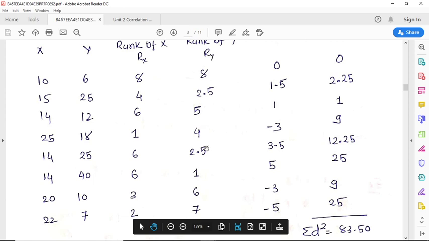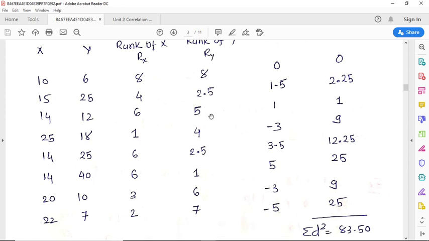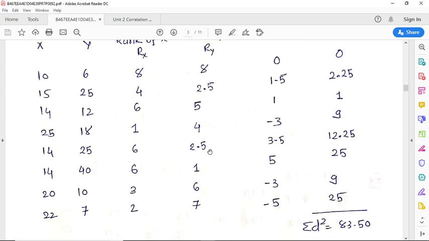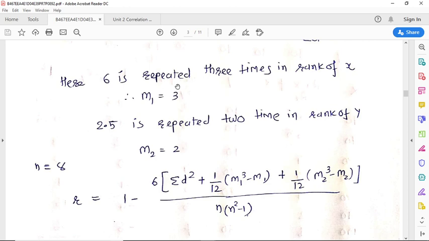And in the second column, the rank of Y, 2.5 is repeated 2 times. So for that we consider M2 equal to 2. So 6 is repeated 3 times in rank of X, so M1 is equal to 3, and 2.5 is repeated 2 times in rank of Y, so M2 is equal to 2.